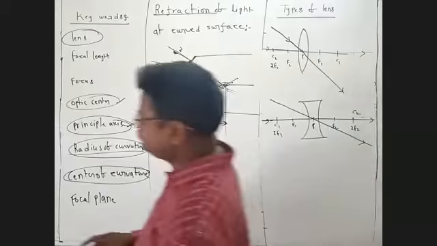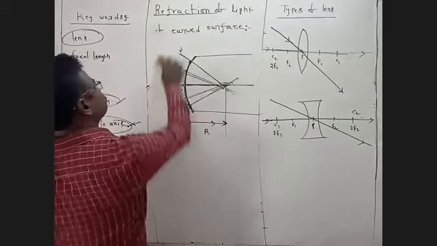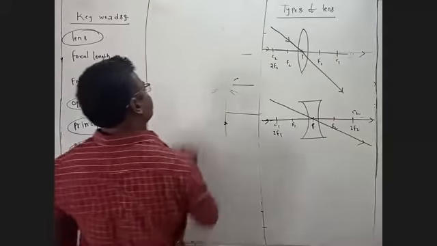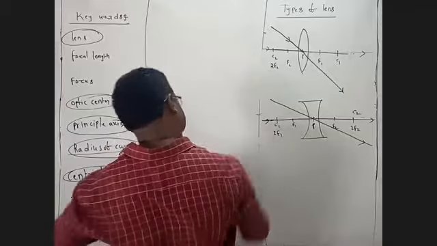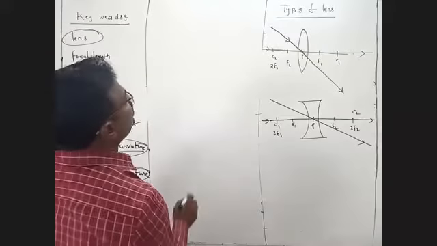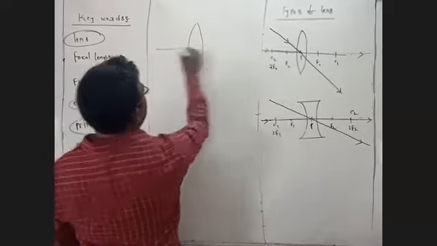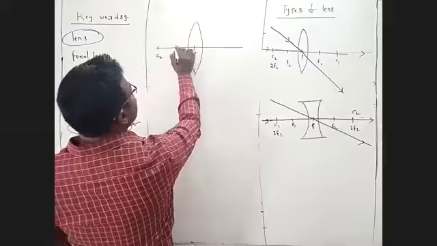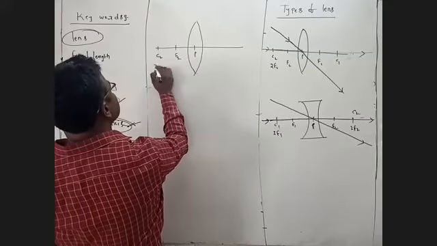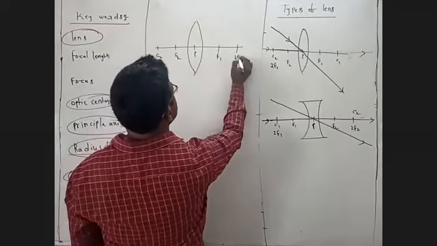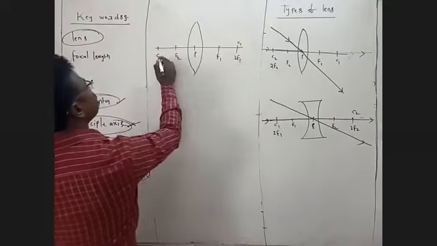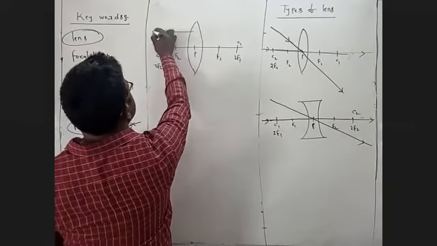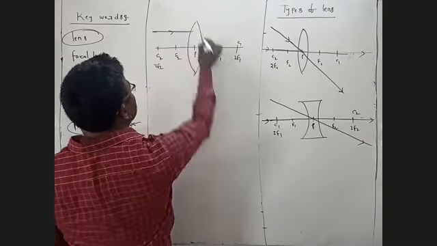Next, rule number 2. This is the convex lens optic center, C2, F2, 2F2, F1, 2F1, C. A light ray travels parallel to the principal axis and strikes the convex surface.